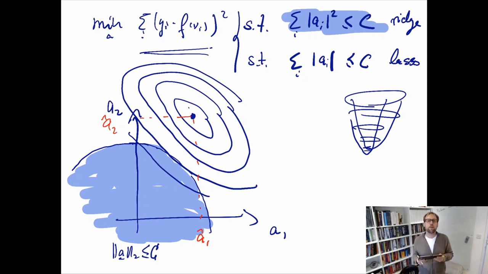Obviously, if I'm asked for the solution for the ridge regression here, if I want to look at the solution in this optimization problem, including the constraints, I will not anymore get this solution, which is the minimum of the unconstrained problem, but I will find the smallest value which is within this constraint.